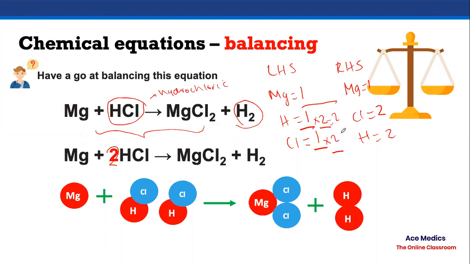Now is it balanced? Yes, because we still have one magnesium that's already been balanced, and we put that big 2 in front of HCl to make 2 hydrogen atoms and 2 chlorine atoms, which matches up with the right-hand side, where we also have 2 chlorine and 2 hydrogens.